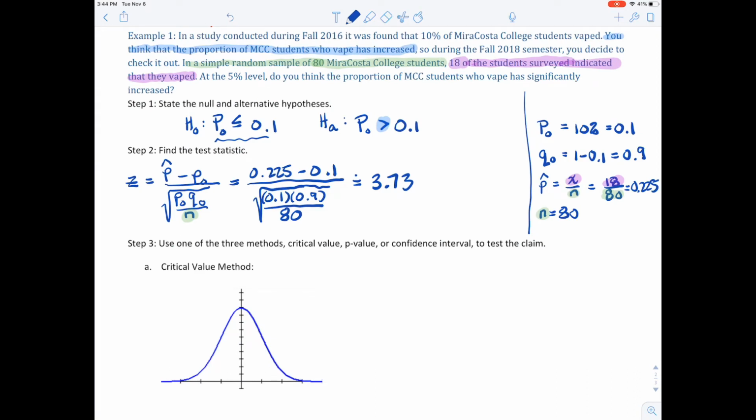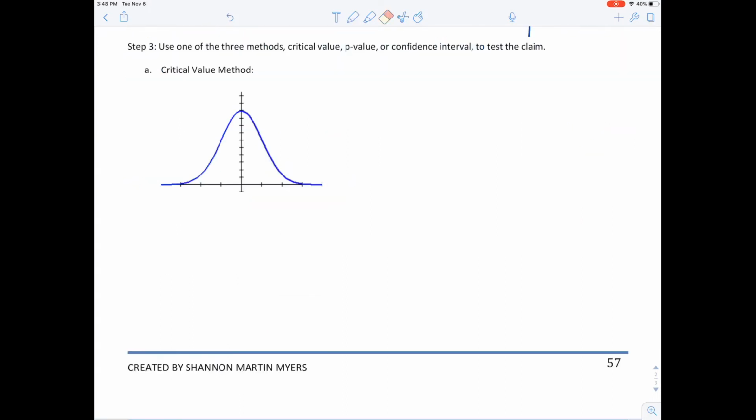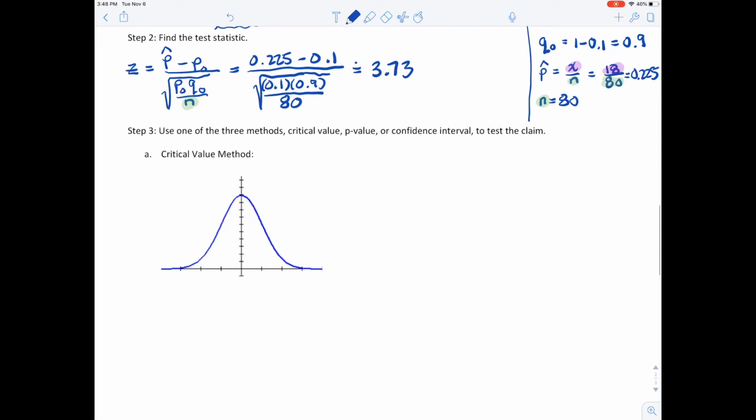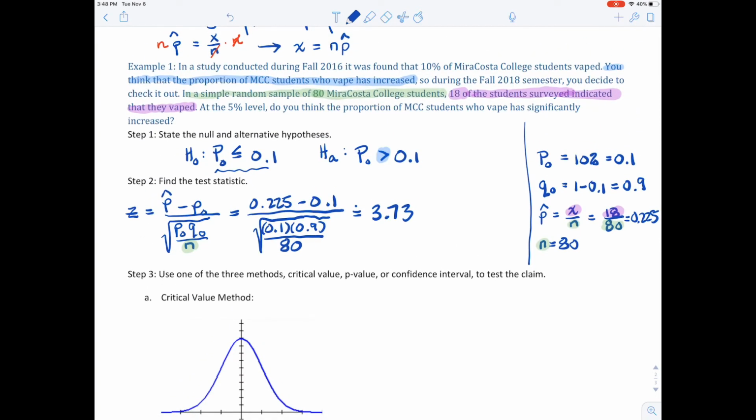Now, we talked in the last video about 3 different kinds of methods we could use to test a claim. So I'm going to go ahead and do all of them. You need to know how to do all 3 methods, right, just to be on the safe side. So first, let's take a look at the critical value method. With the critical value method, remember that our confidence level, we want to use the 5% level, right?